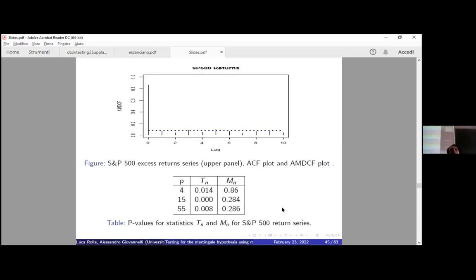In that case, there's also linear dependence, so everything is already known from the beginning, because this is useful when you do not have any form of linear dependence, and so you can find something additional. But with the squared series, you already have linear dependence.